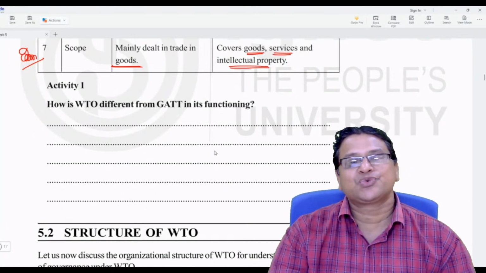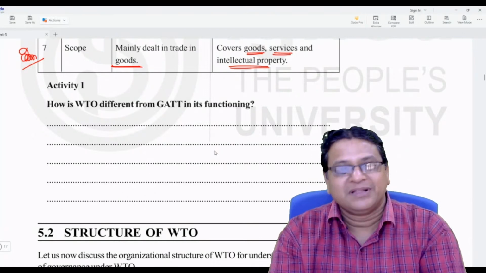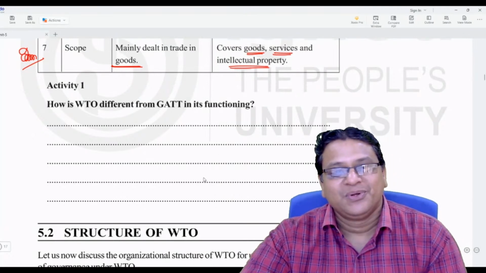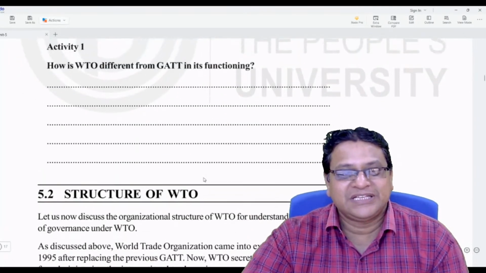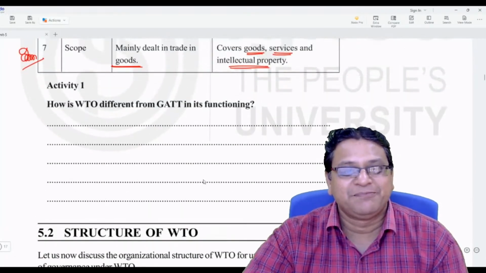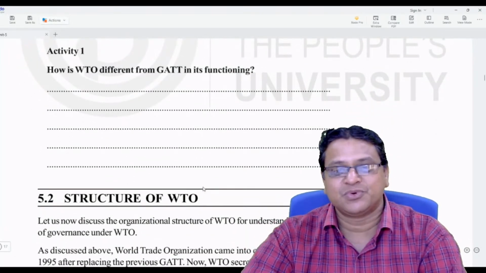It means the scope of WTO is much broader than the scope of GATT. So there is an activity-related question: how is WTO different from GATT in its function? I hope this question is clear.